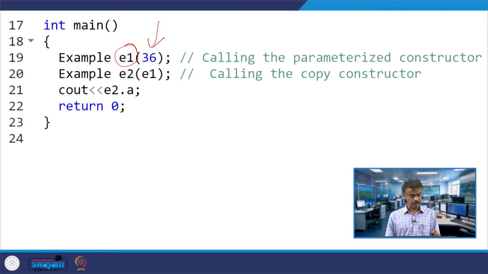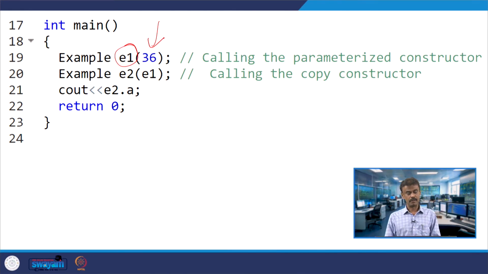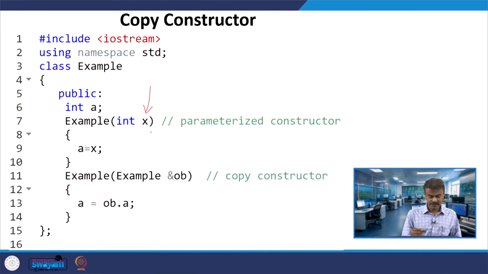So, it automatically invokes the constructor, here the parameterized constructor, because you are passing the value 36. So, int x, x is 36, and 36 will be copied into a.